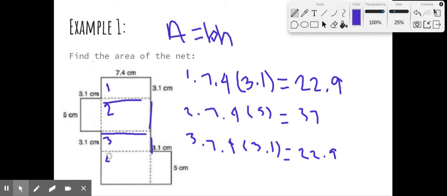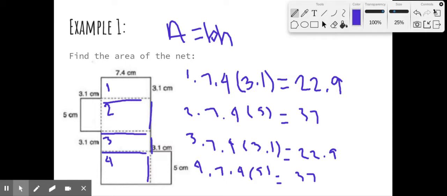And then this last one, number 4, we have 7.4 right here, and then this one is 5. So it's the same as number 2. So 7.4 times 5. Let me try that again. Better. And again, that should give us 37.